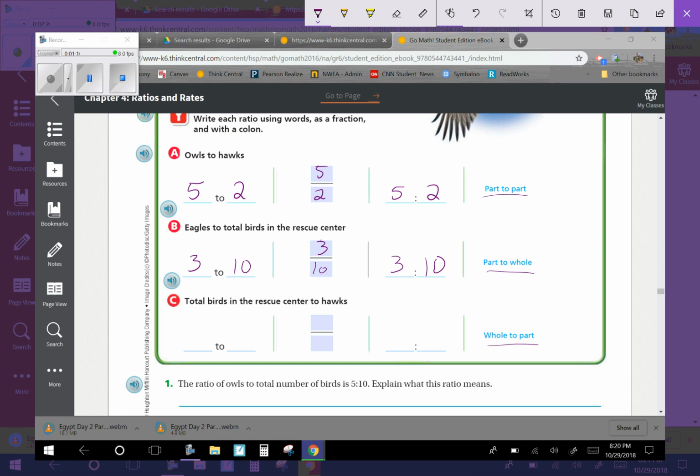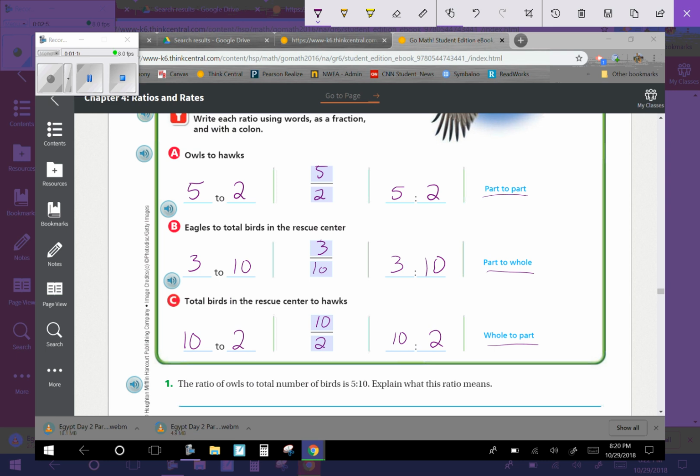Now we're going to do whole to part. So we're going to do total birds in the rescue center, which we just decided was 10. So total birds to hawks, which is 2. So 10 to 2. And we can write that as 10 over 2 or 10 colon 2. The ratio of owls to total number of birds is 5 to 10.